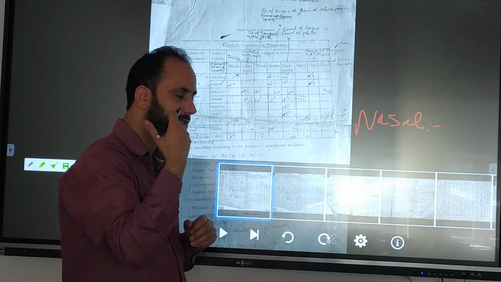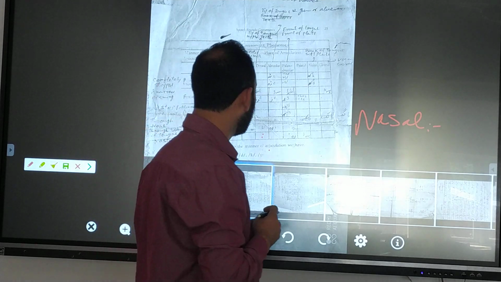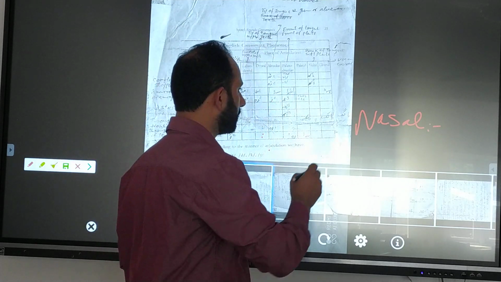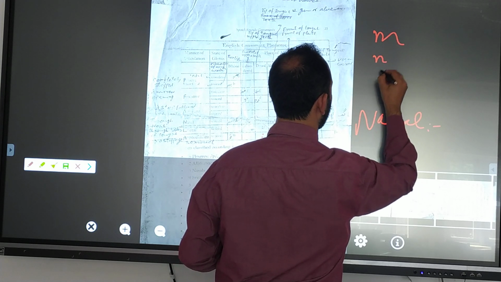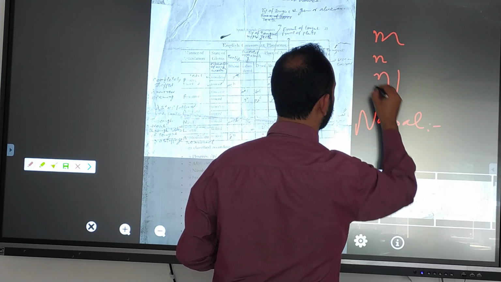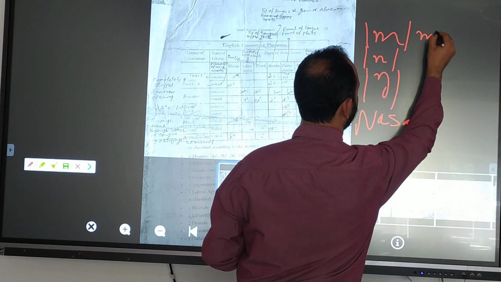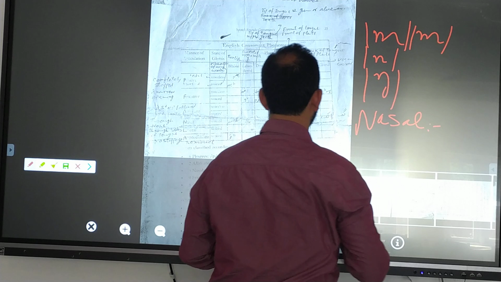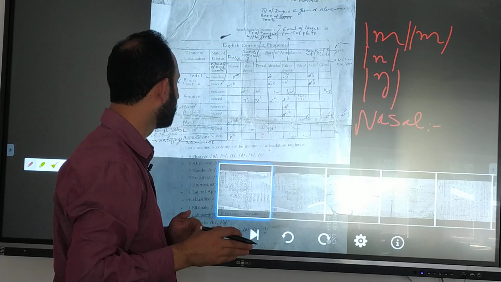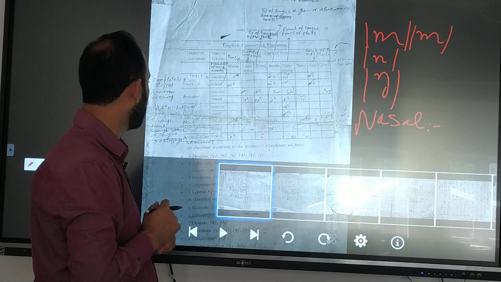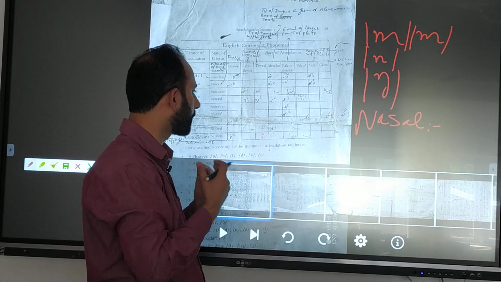Their sound comes through the nose, so they are called nasal. Mo and no, and this, which is also called ink. This is mo, like this. Mo, no, ink or ing. This is called ink as well as ing. And these are called nasal because their sound is produced through the nose.